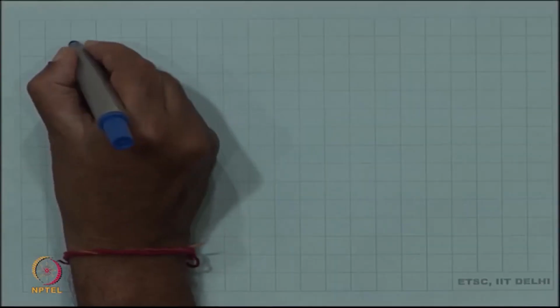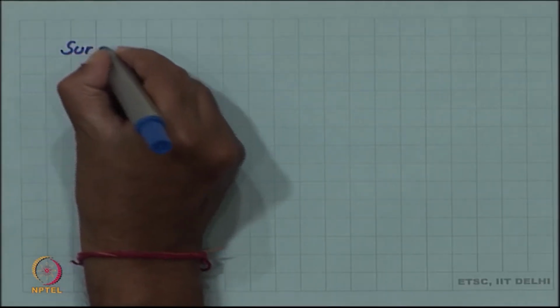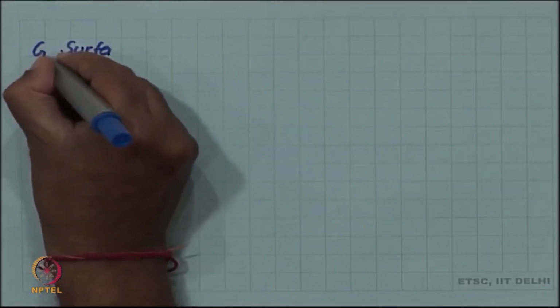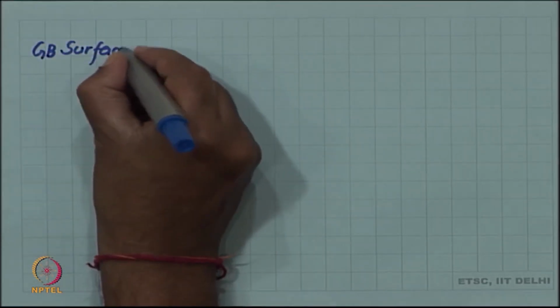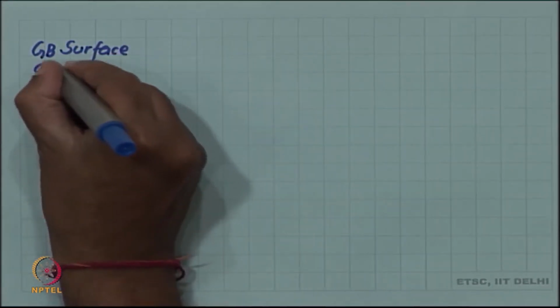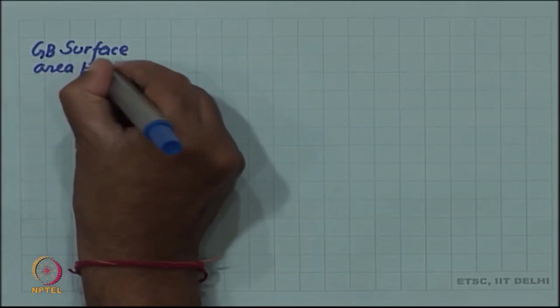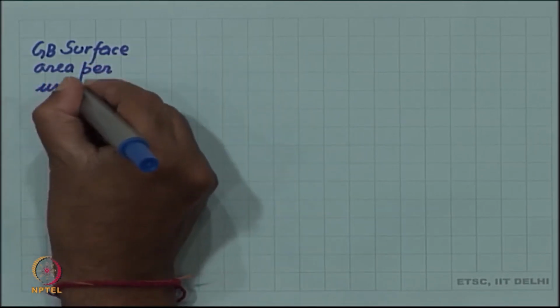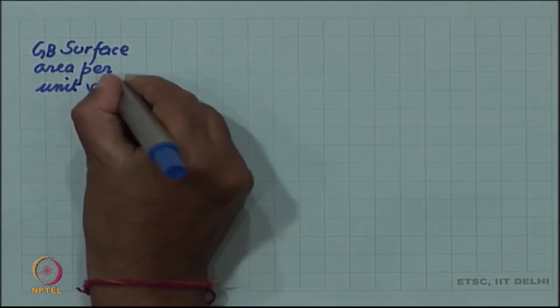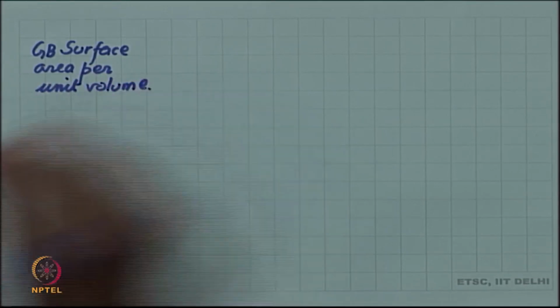So, now we can calculate the grain boundary surface area per unit volume.